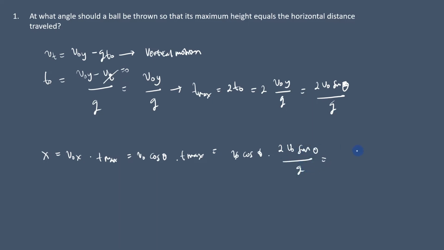We can multiply this term, and we get 2 Vo square sin theta cos theta divided by g. Okay, this is the analysis of horizontal motion.